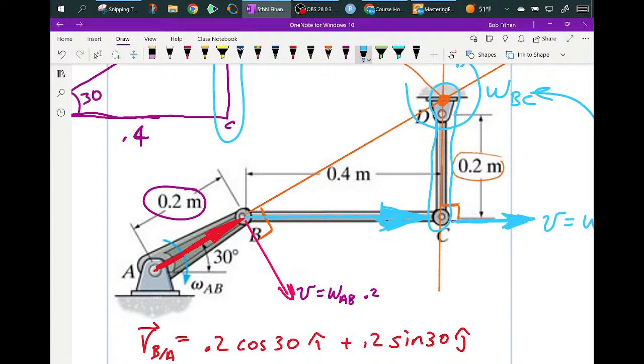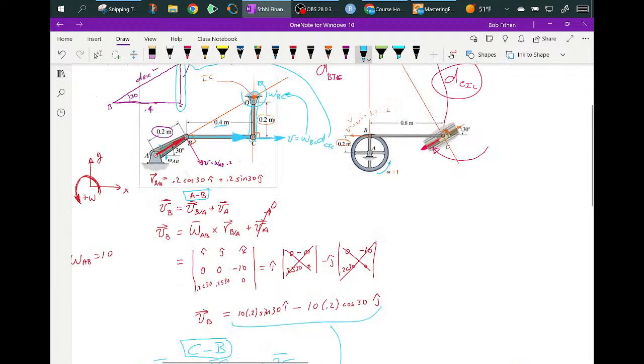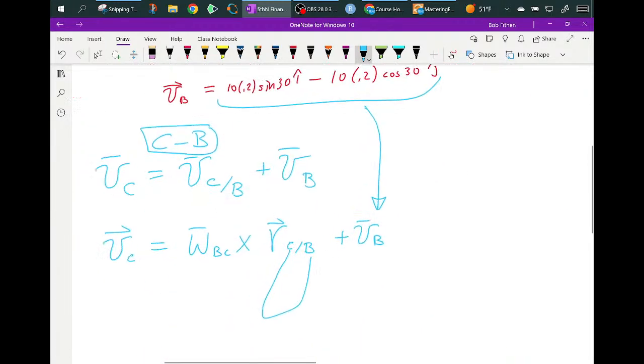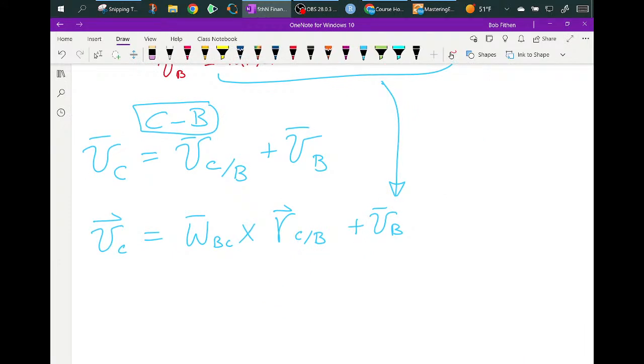It only has a component to the right, 0.4. So 0.4, 0, and 0, I, J, and K, 0, 0, omega BC, plus velocity of B.